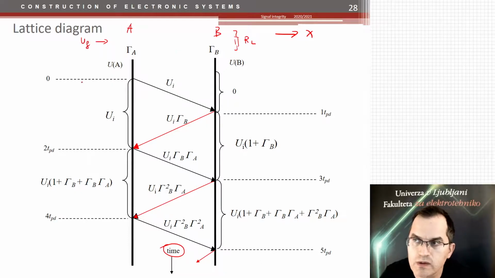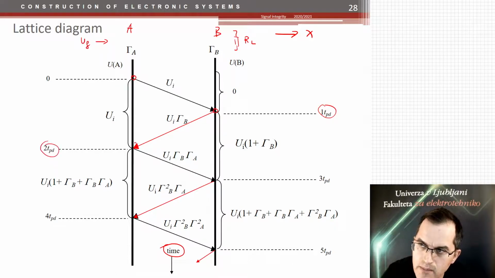Okay, what do we do? We have time 0 here. We start here. We put the initial voltage on that line, and that voltage then travels along time and space. So that's why it's a straight line. And in 1 TPD, in 1 propagation delay time, it hits the load, and it is reflected by the load reflection coefficient, and comes in 2 TPDs back to the source, and here it has a source reflection coefficient, so it bounces back.